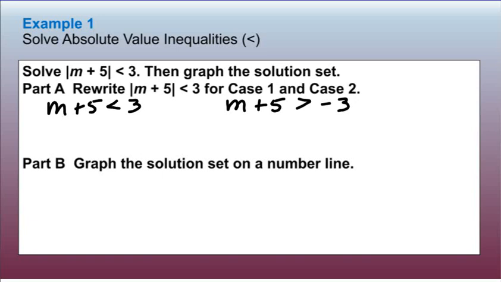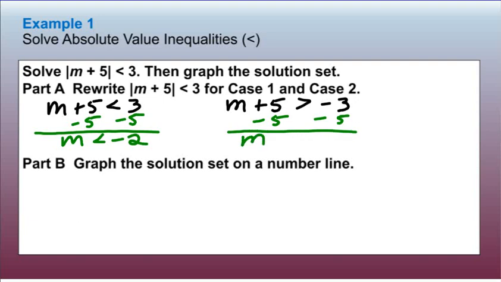So now I can just solve for m. I'm going to subtract 5 here, and I would have m is less than negative 2. And over here, I would subtract 5 on both sides, and I would have m is greater than negative 8. Then I'm going to use the word and here, or you could just rewrite this.